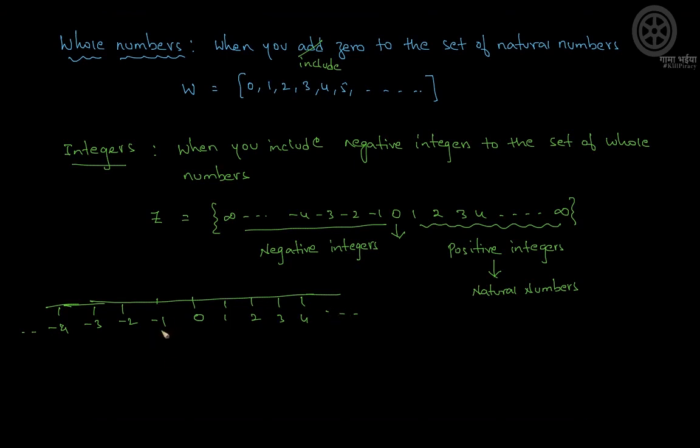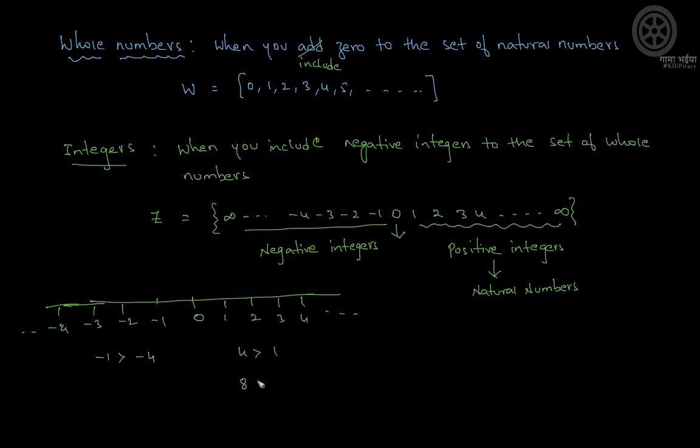See guys, whenever you have the minus symbol, among positive integers, 4 is the greatest. But on the negative side, -1 is greater than -4. These are very, very important points to remember. Here 4 is greater than 1, but on this side -1 is greater than -4.